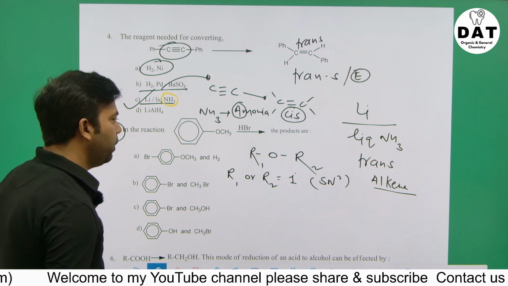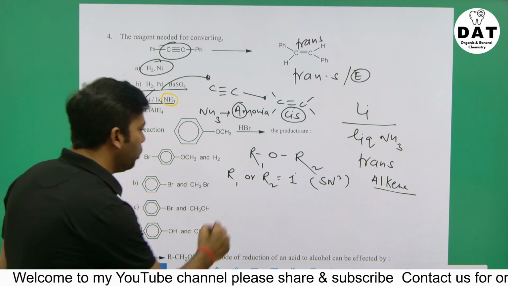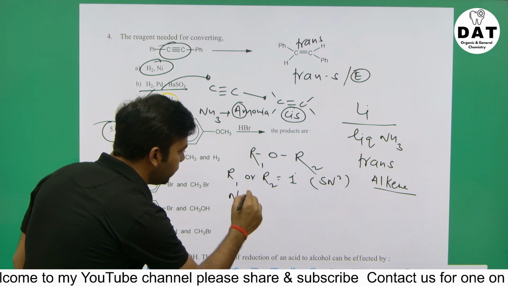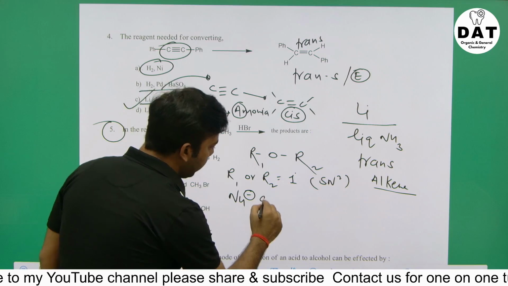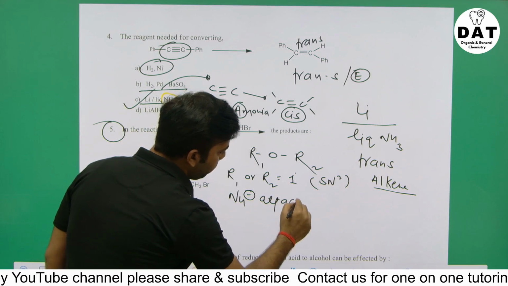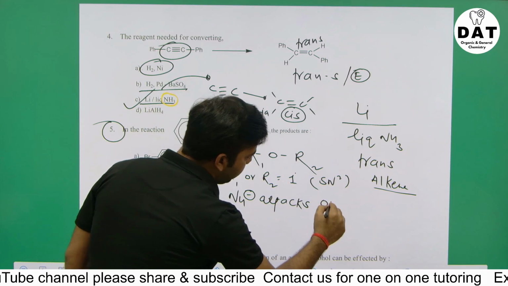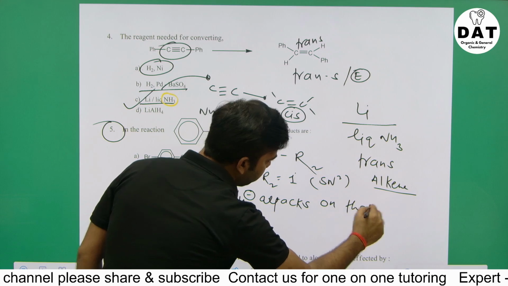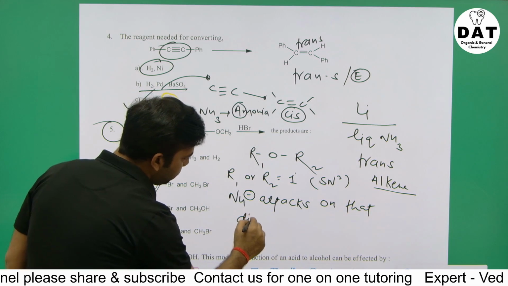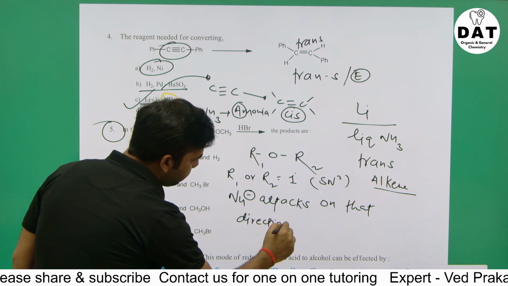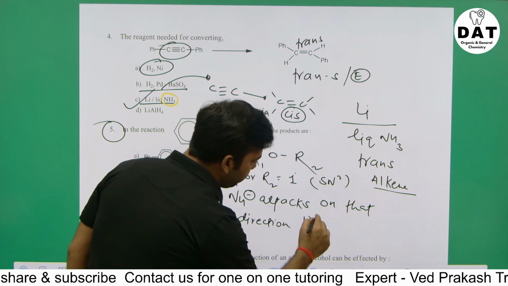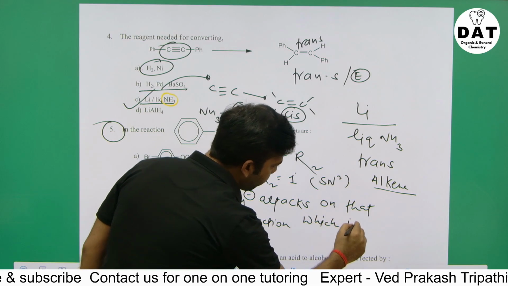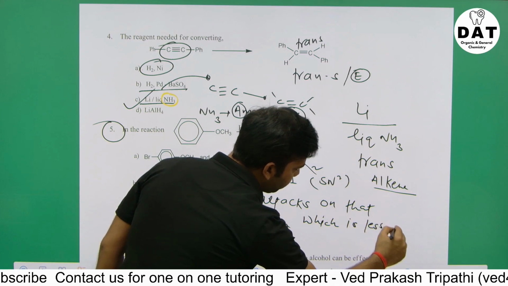And we all knew what is SN2. Nucleophile attacks in the direction which is less substituted.